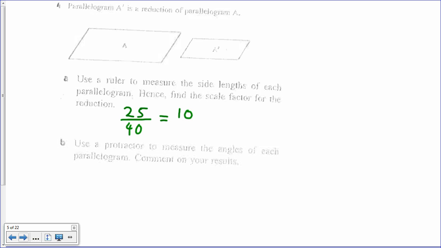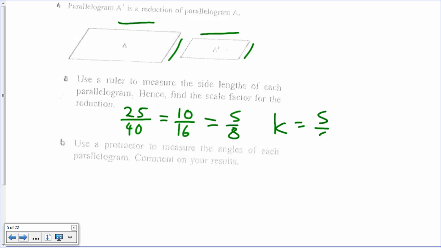The other one was 10 over 16. So the long sides here were 25 over 40, and the shorter sides were 10 over 16. That gives me a scale factor of 5 over 8. So therefore our scale factor K is 5 over 8.